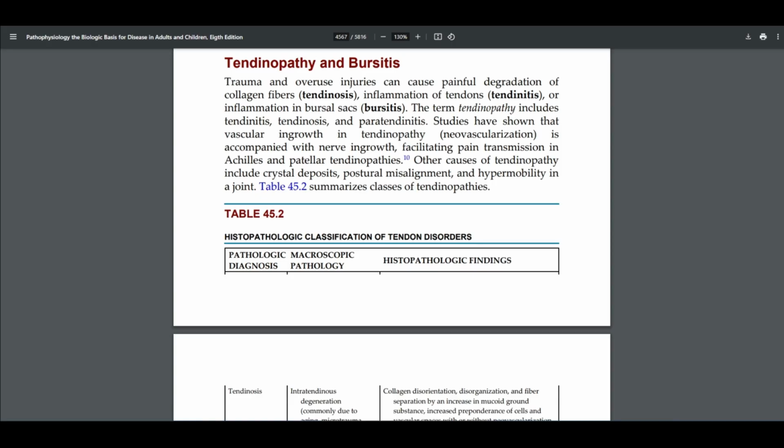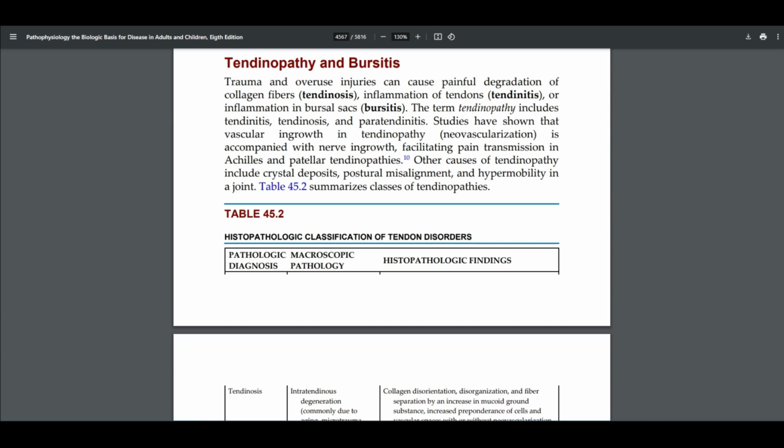Studies have shown that vascular ingrowth in tendinopathy is accompanied with nerve ingrowth, facilitating pain transmission in Achilles and patellar tendinopathies. Other causes of tendinopathy include crystal deposits, postural misalignment, and hypermobility in a joint.